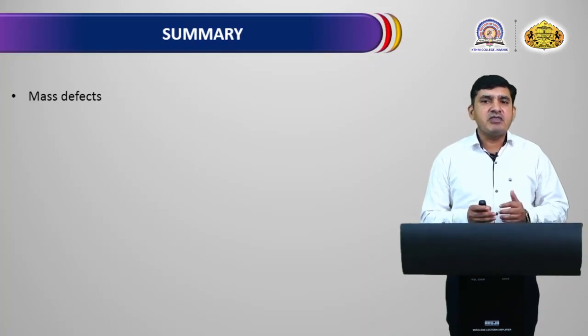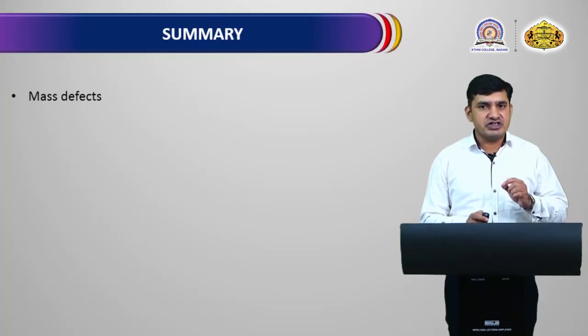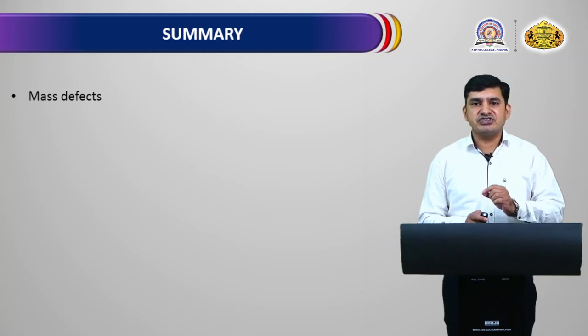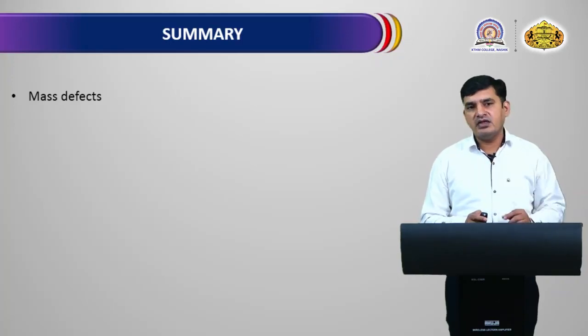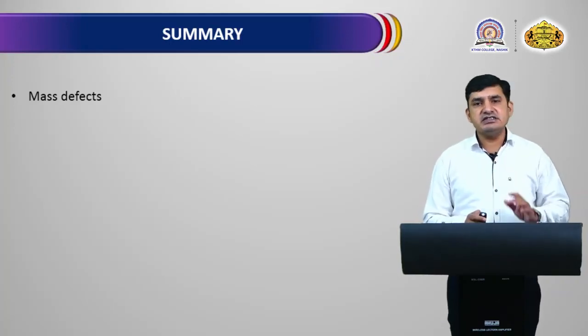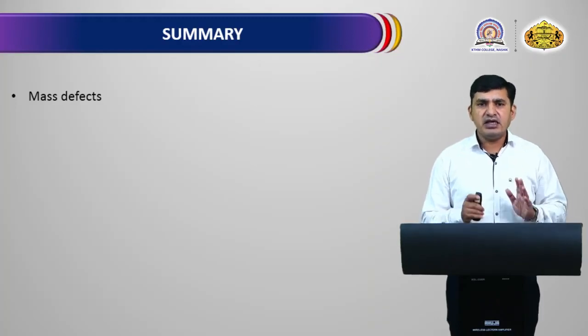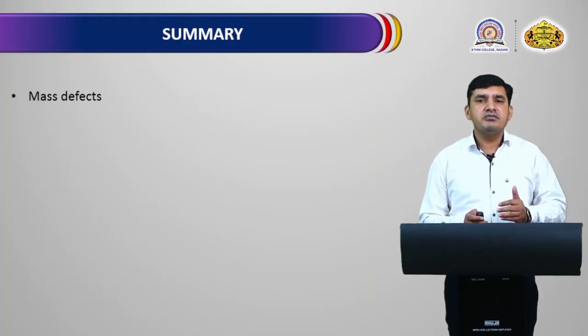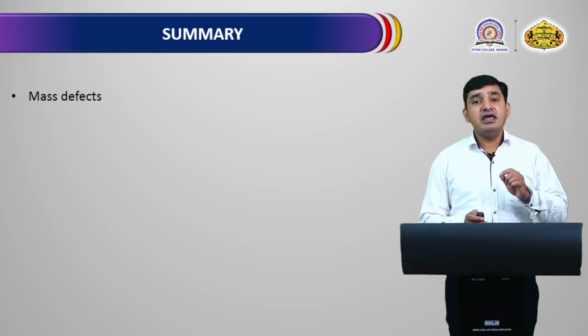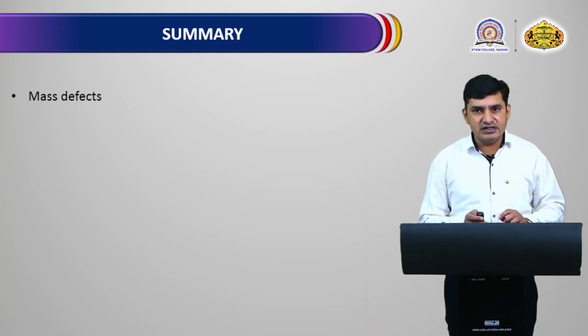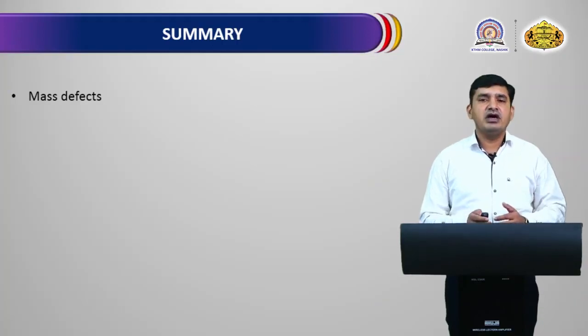So, the mass defect Δm is equal to Z mp plus (A minus Z) mn minus capital M, where Z is the atomic number, mp is the mass of a proton, A minus Z represents the number of neutrons, and mn represents the mass of a neutron.